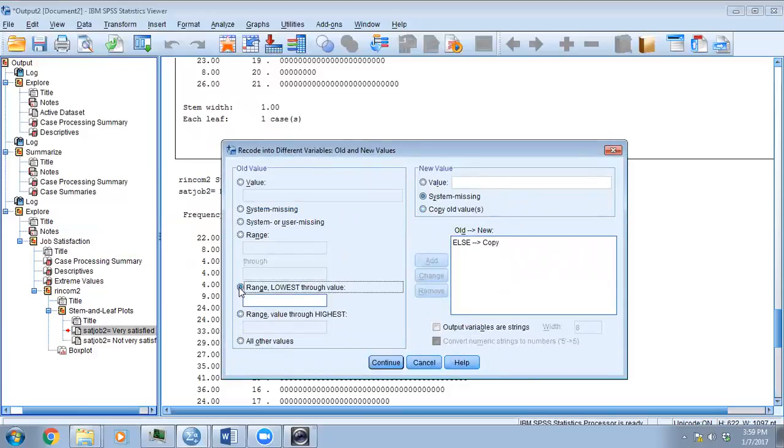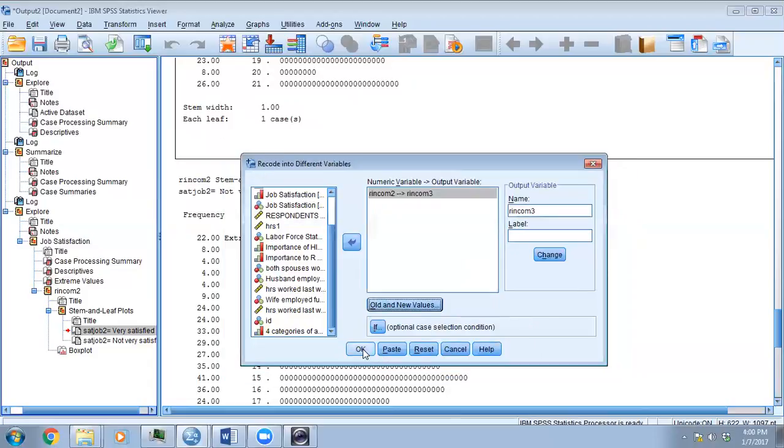I'm going to say lowest through 3 should be changed to the value of 4. And else, copy the data. So we're going to continue that one here. Say okay.